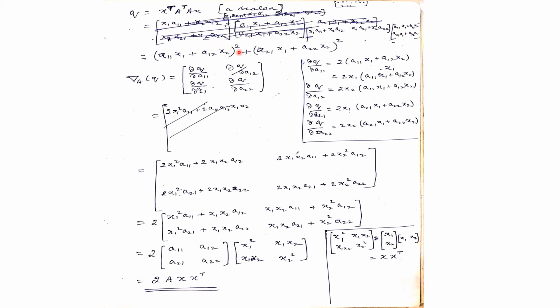The derivative of the second term here is 0, and the derivative of this with reference to a11 is x1. So this is nothing but 2 x1 (a11 x1 plus a12 x2).